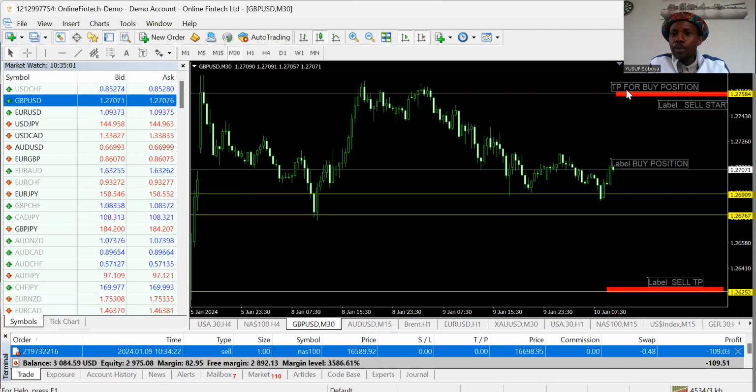And this is now the take profit for a buy position that we enter, right? Once the market gets to this level, if it doesn't break and go all the way up, understand that now it has the start of the sell position. So now you enter the sell position at this level. You don't put this middle as your take profit, right? You put the take profit all the way down to 1.26252.